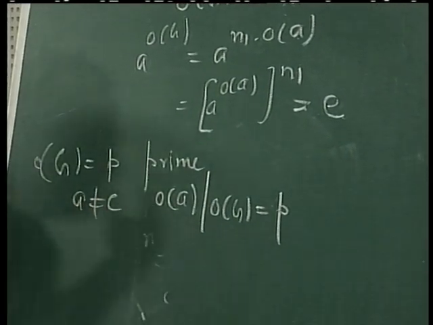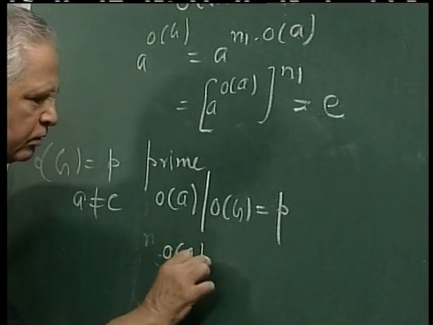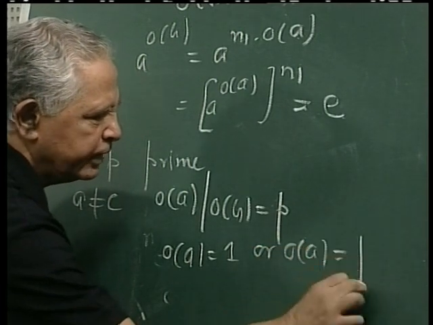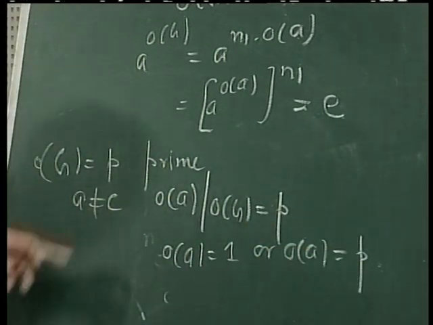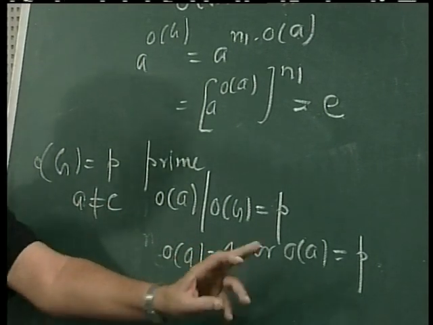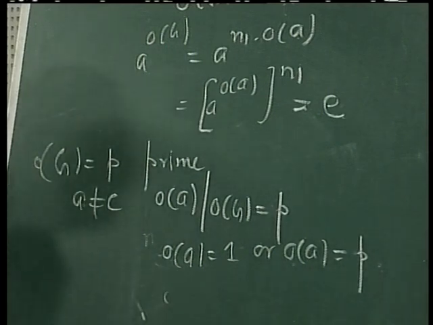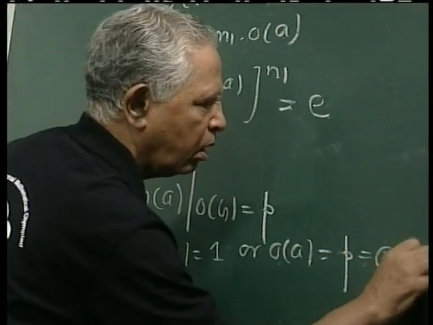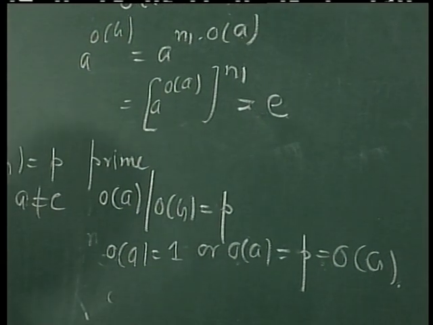And this implies we have only two alternatives for OA. One is OA is equal to 1 or OA is equal to P. Since A is not equal to E, this is not possible, and that implies order of A is equal to P, and that comes out nothing but equal to order of G.